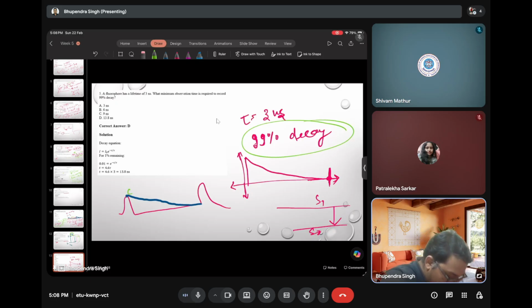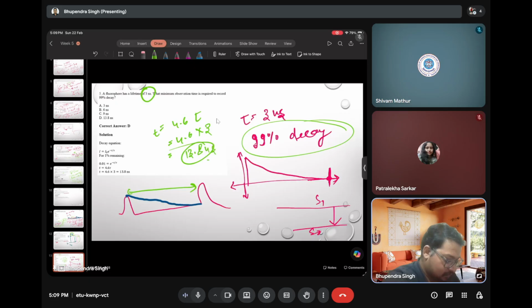So they are asking about this window: what will be the minimum time window to record this lifetime? This formula you know already: T equals 4.6 times tau. So just 4.6 times 3 nanoseconds. Yeah, this time window has to be more than 13.8 nanoseconds. This is your T.